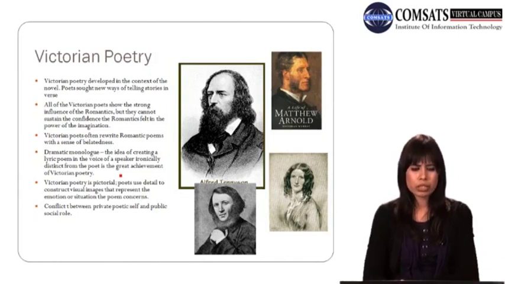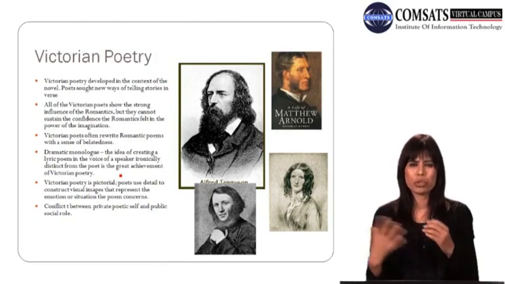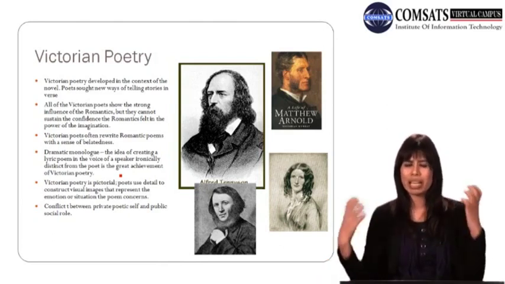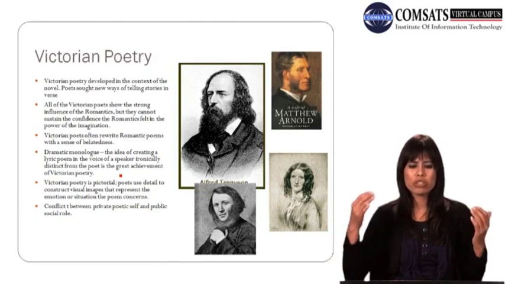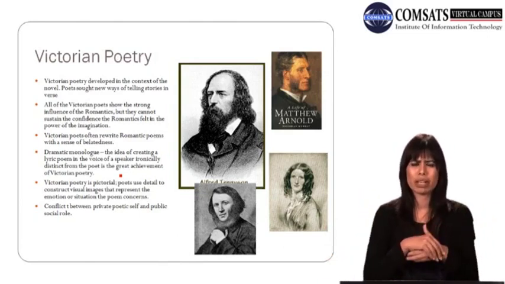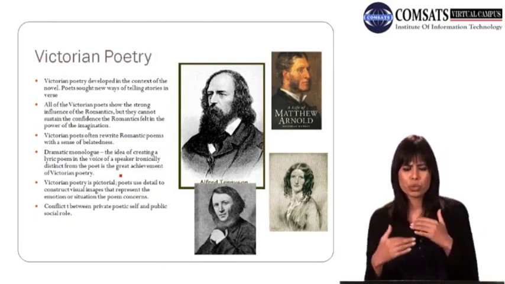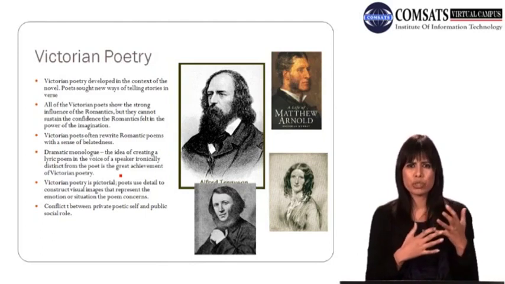Poets use details to construct visual images that represent the emotion or situation the poem concerns. So they used to present everything in the form of pictorial description. How? In order to create some kind of live expression in the mind of the reader. So you'll see visual images in their novels and in their poetry. They usually use details to construct visual images.